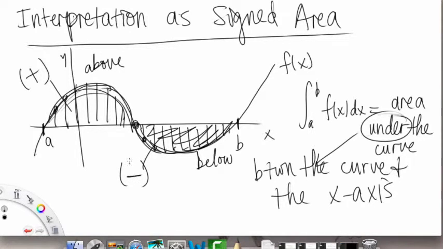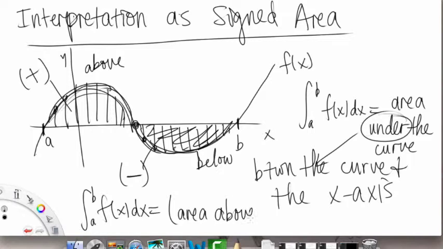We're going to subtract it away from the total area. So the integral from a to b of f of x dx is composed of the area above the x-axis, and then the area below, which we compute as a positive value but subtract from the total, because it falls below.